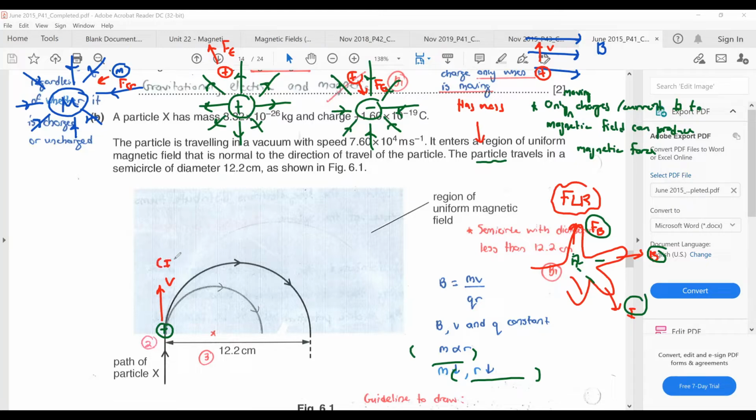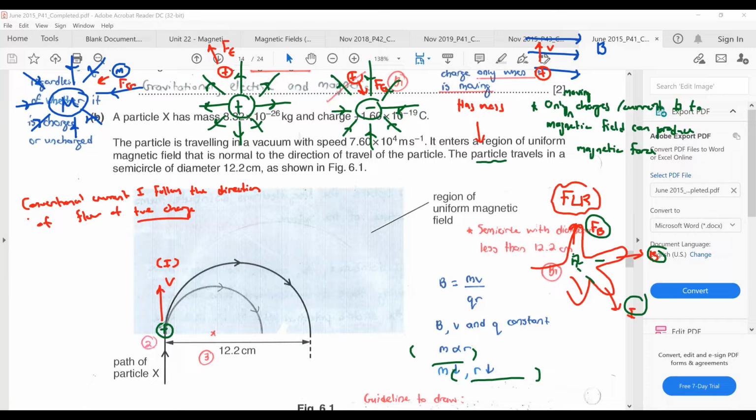So this is also the direction of your conventional current, because I mentioned to you conventional current I follows the direction of flow of positive charge.